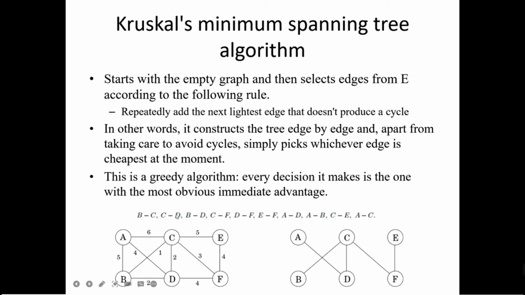So we will sort the edges in increasing order of their weights. For example, BC is the edge with the minimum maintenance cost.